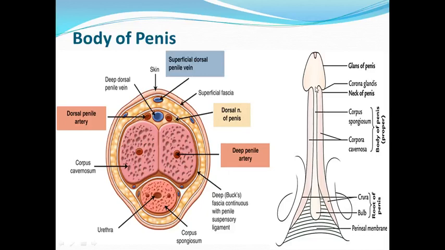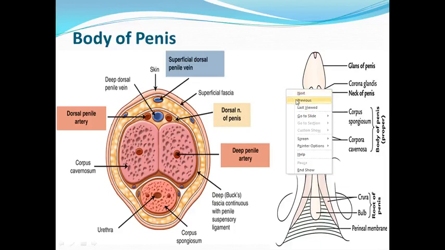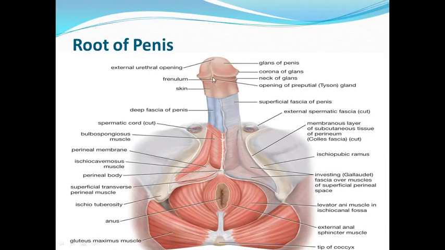One more important structure is there, that is the frenulum. You can see it in the previous slide. When you see the body of the penis, it has two surfaces. This is the ventral surface, which is downwards and backwards, and above it is the dorsal surface that faces forwards or upwards.